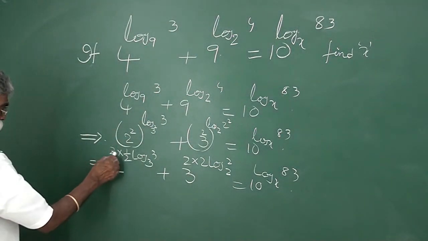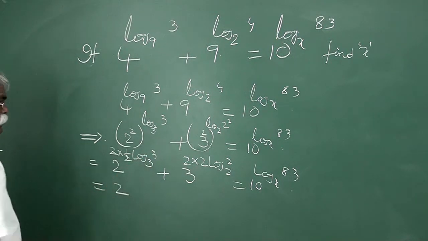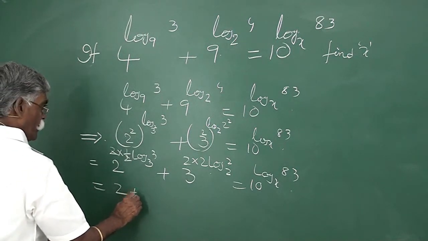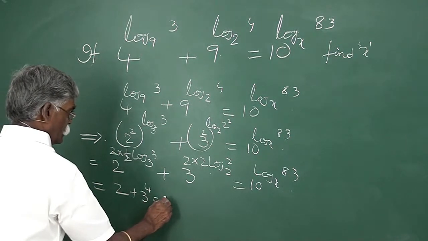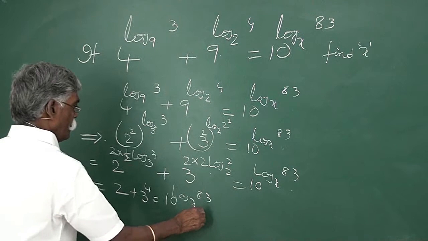Now this 2 and 2 gets cancelled. Here the value left is 2 because log 3 base 3 is 1. And here it is log 2 base 2, it is also 1. Therefore here we are left with 3 power 4. And this is 10 power log 83 to the base 6.